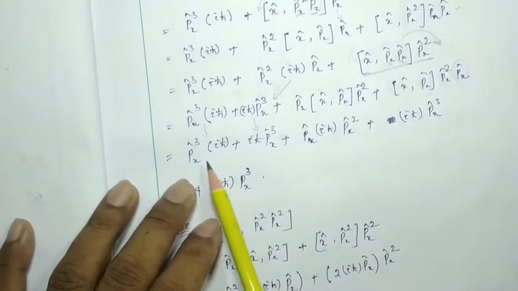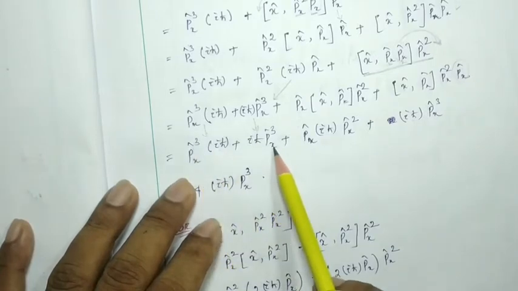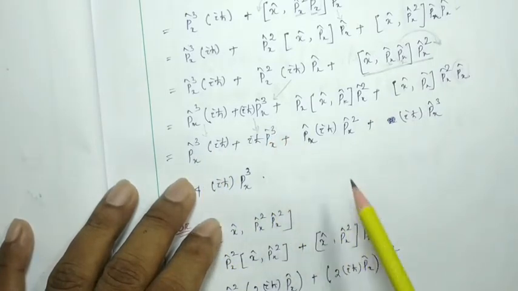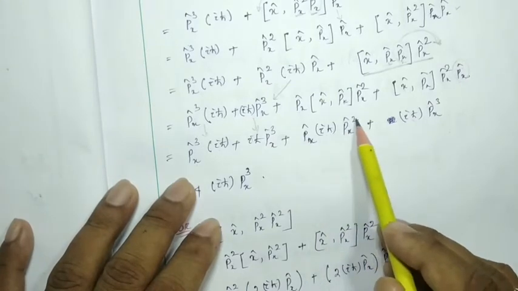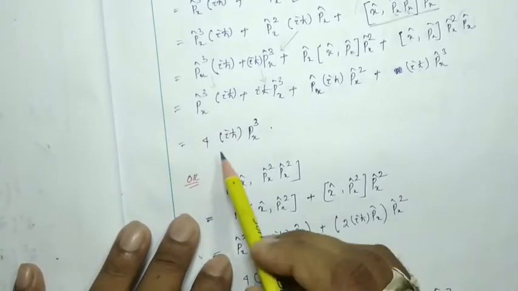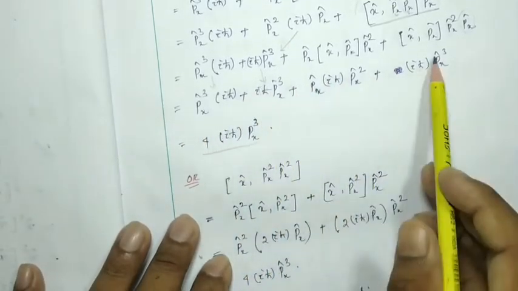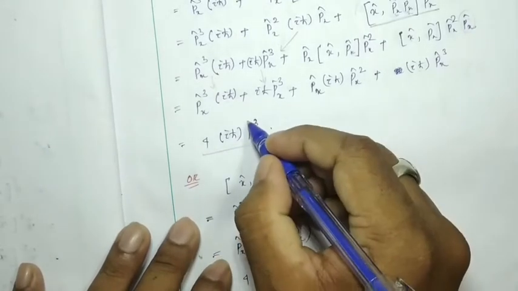So you can find that this is iħ cross p_x cap cube, iħ cross p_x cap cube, this is iħ cross also p_x cap cube, and iħ cross p_x cap cube. So we found that 1, 2, 3, 4, 4 iħ cross p_x cap cube.